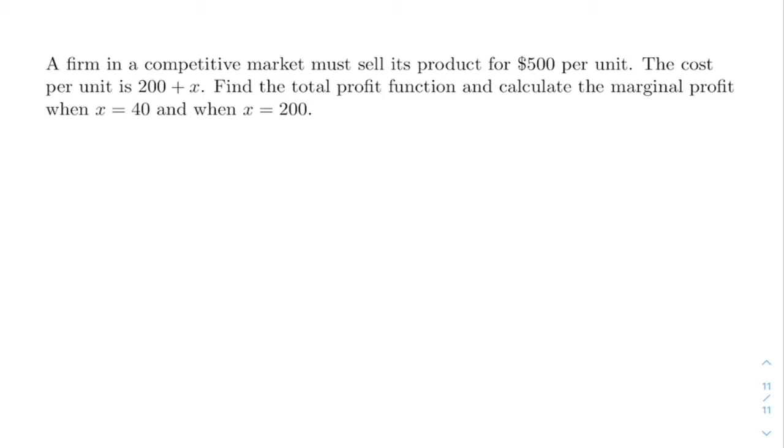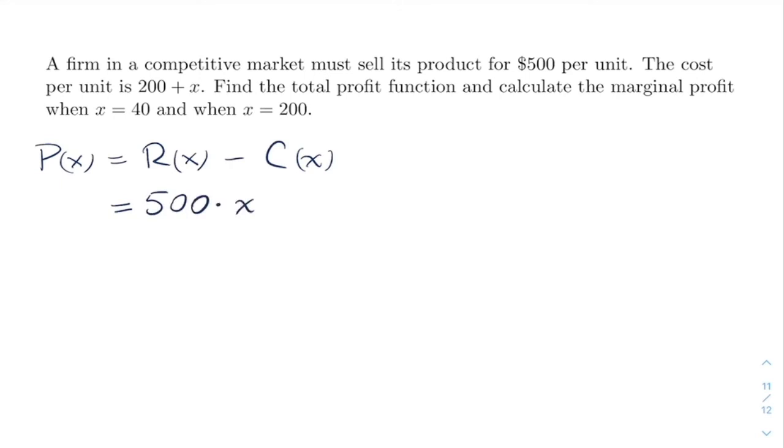So to start this problem, remember that the profit is equal to revenue minus cost, right? So in this case, the revenue will be 500, which is our price, times the units I'm selling, minus the cost.